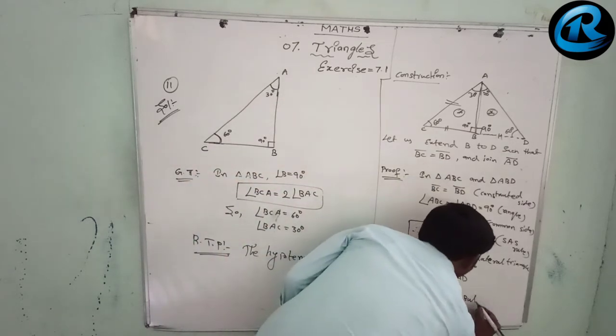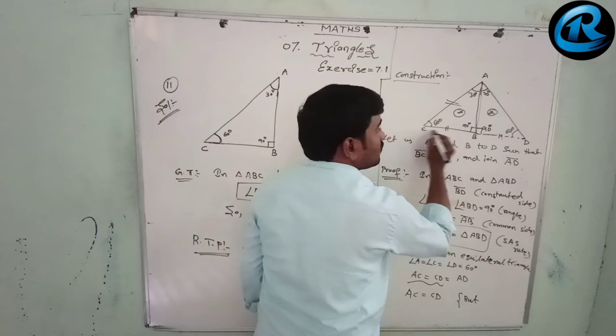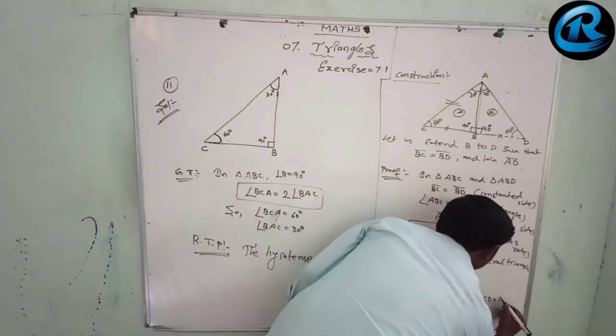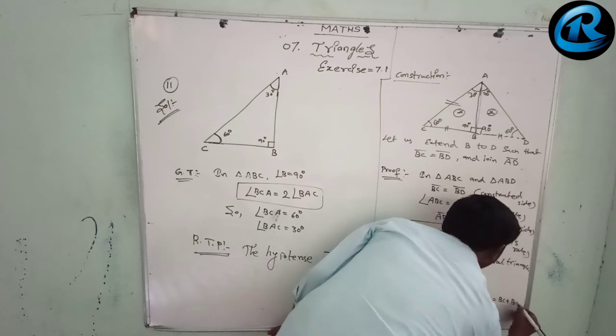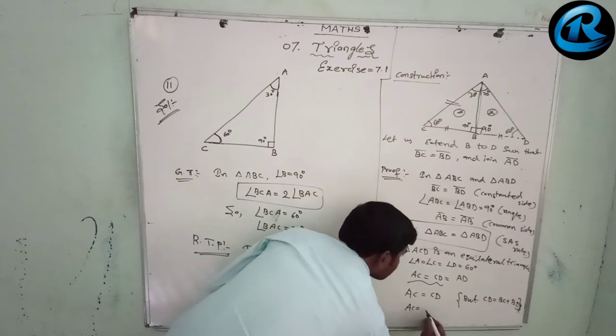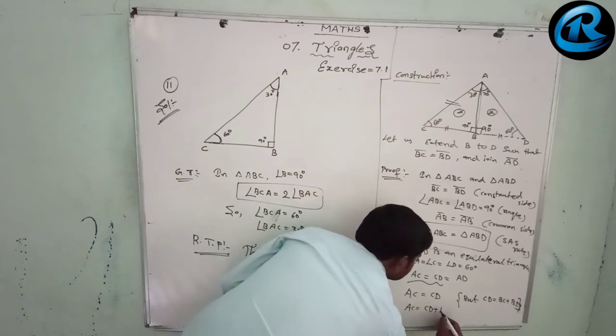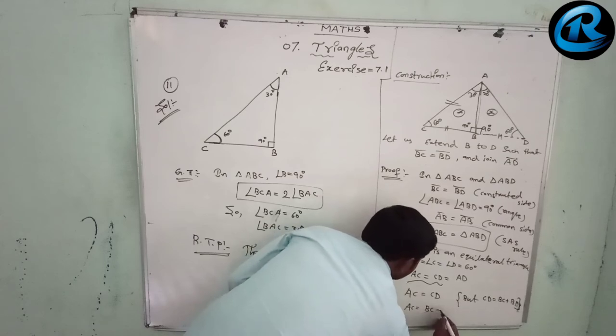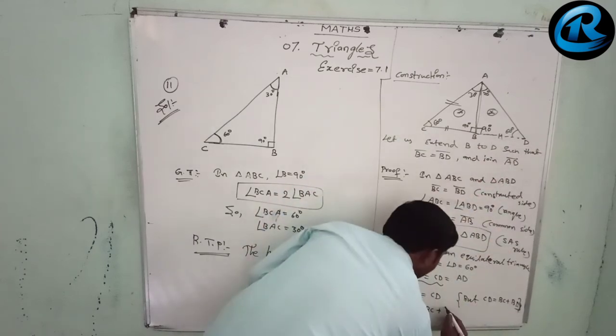But we know that CD equal to BC plus BD. So the same thing we write here: AC equal to CD, which is BC plus BD.